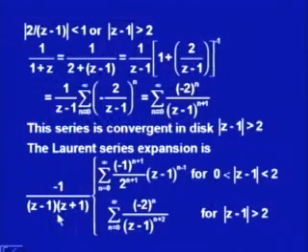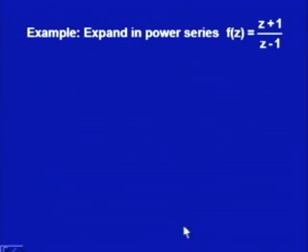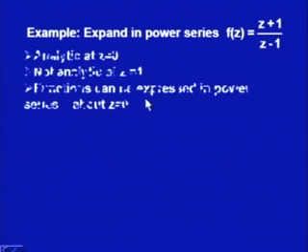So, we have two representations, and the Laurent series expansion this way is given as: minus 1 over (z minus 1) multiplied by (z plus 1) is represented by this power series in this region, modulus of z minus 1 lying between 0 and 2, and when modulus of z minus 1 is greater than 2, then we get this expansion. So, this is one example. In the next example, we consider function f(z) as (z plus 1) divided by (z minus 1).